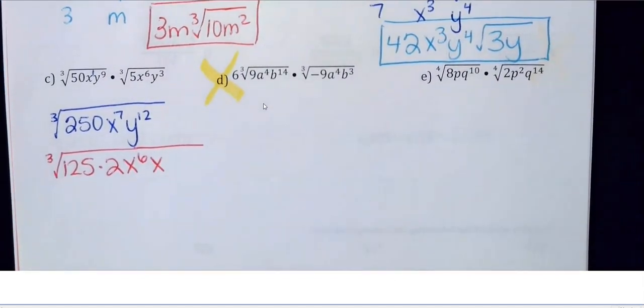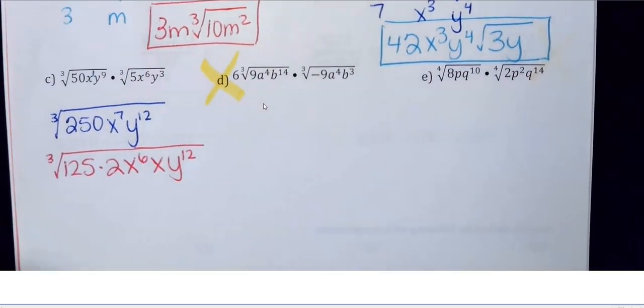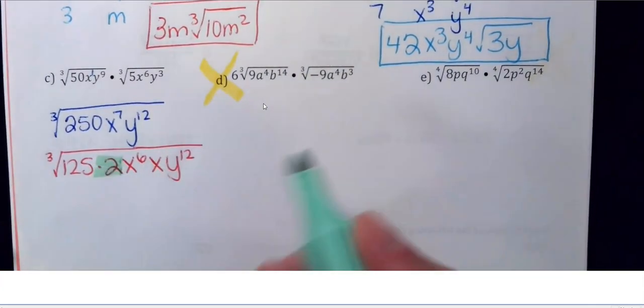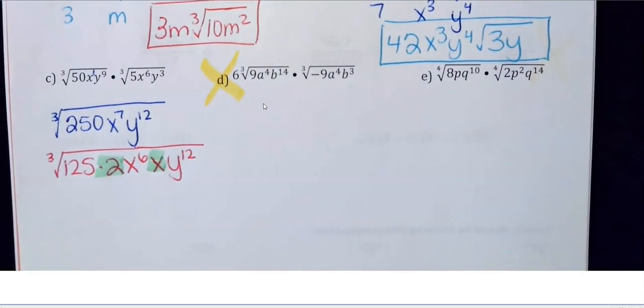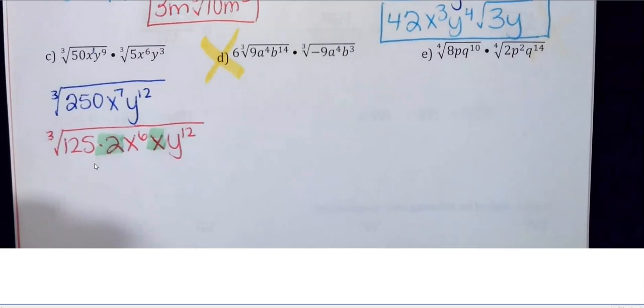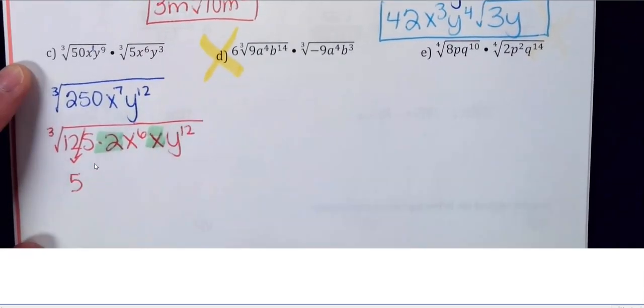And then y to the 12th, I'm going to leave that alone because 12 is divisible by 3, so that is a perfect cube. Now, what we don't have for perfect cubes here, the 2 should still be underneath, and the x should still be underneath because we don't have a perfect cube root here, but everything else we can take out. All right, so for the 125, I'm going to pull out under a cube root that is a 5.